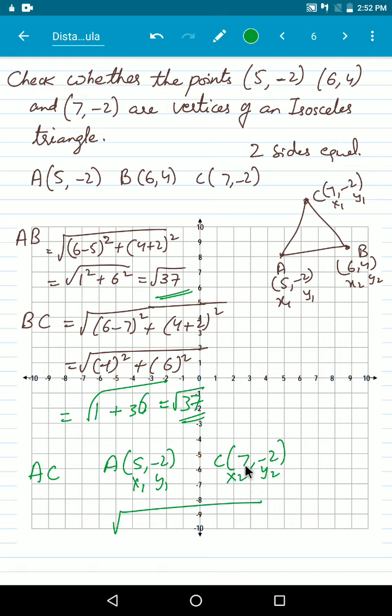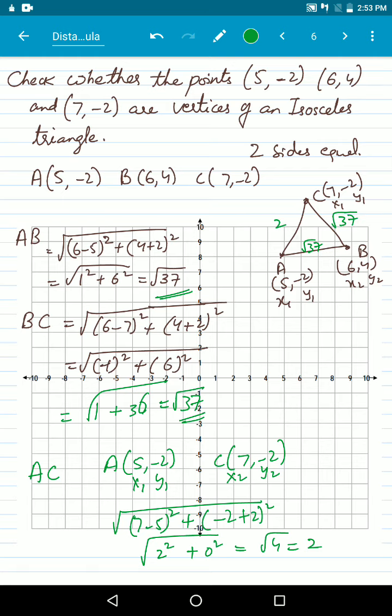Substitute in the formula, x2 minus x1, that is 7 minus 5 whole square, plus y2 minus y1, minus of minus will become plus. So this is 2 whole square plus minus 2 plus 2 is 0. So root 4 will come, it will be equal to 2. Okay, so we have this root 37, this is also root 37, whereas this is 2.